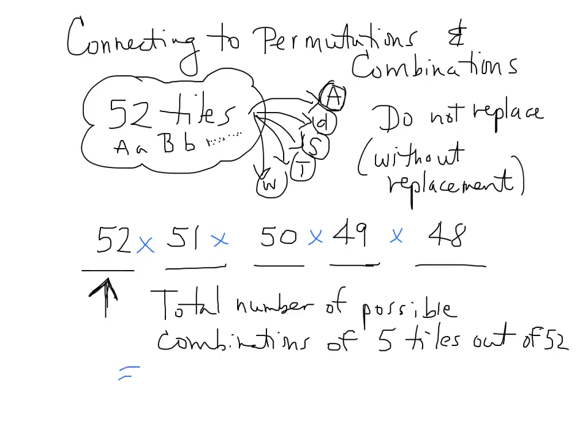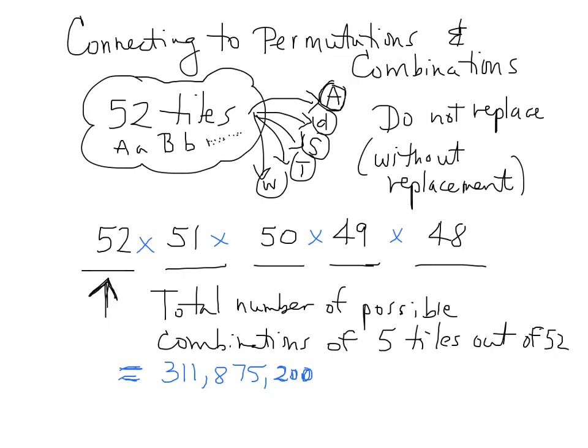And this actually comes out to 311,875,200. And one of the things I like to point out here is you can connect this to lotteries. Think about when you have possible either 5-digit or 3-digit or however many digits or whatever it is for a lottery.